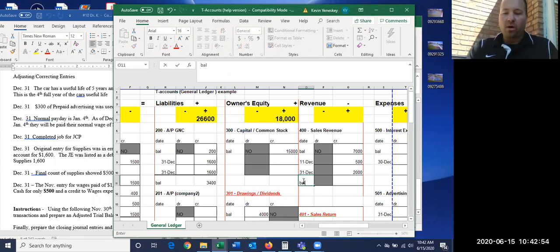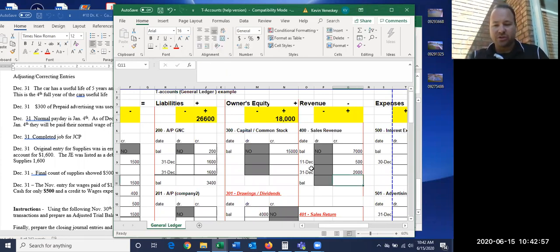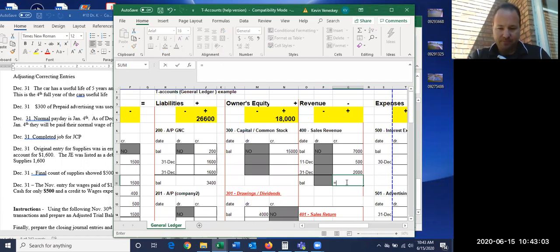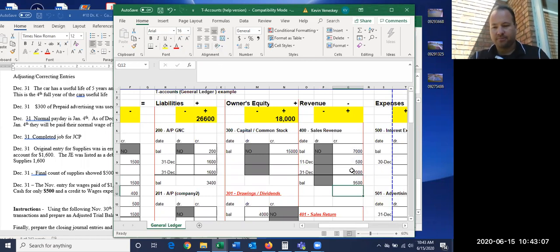Revenue, I only have one account in the revenue section so far. Go ahead and total that, get a balance. And then that balance is simply our revenue balance, so 9,500.